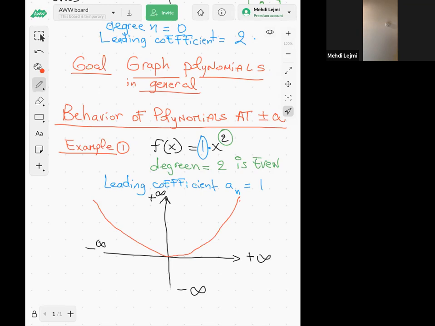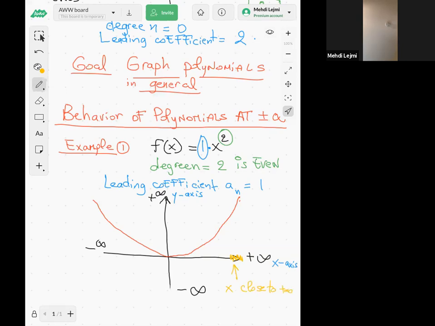So we said we are interested in the behavior at infinity, right? So when x, of course this is the horizontal axis, this is my x-axis, and here's my y-axis. When x approaches infinity, my input is close to positive infinity.